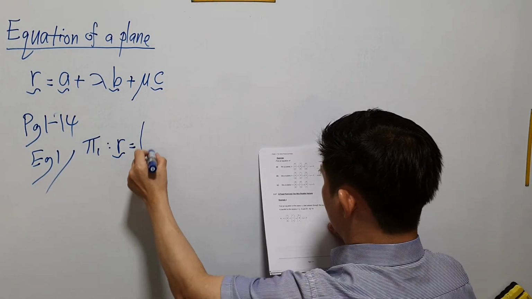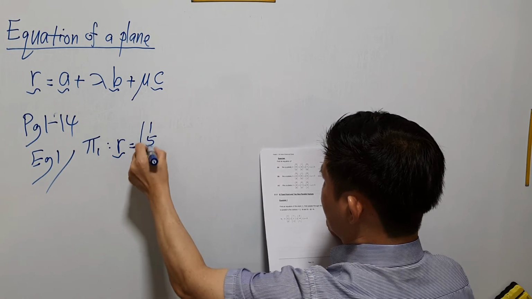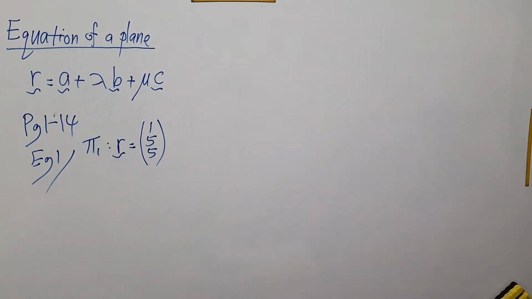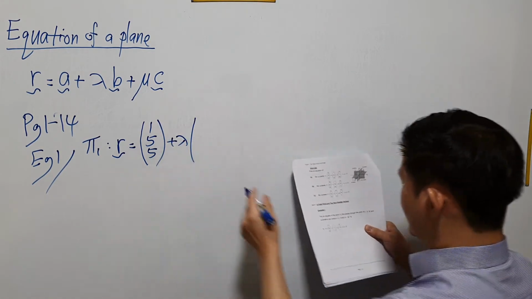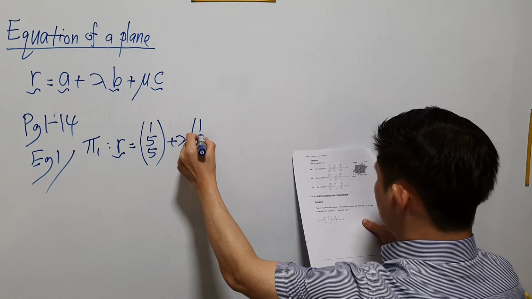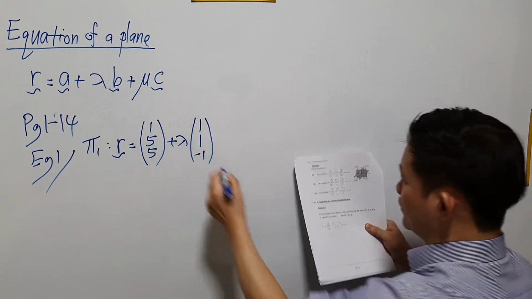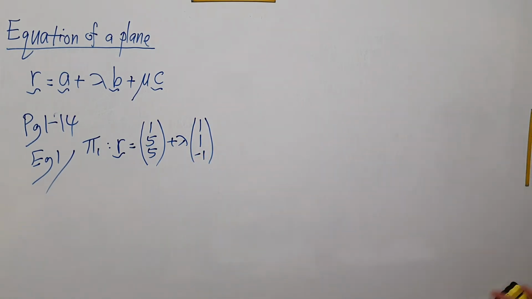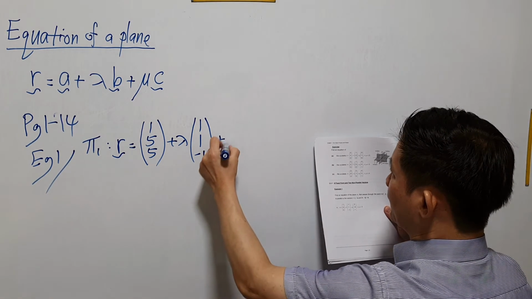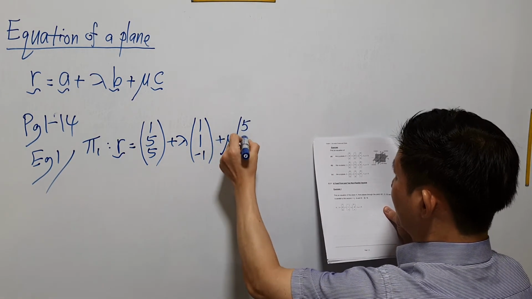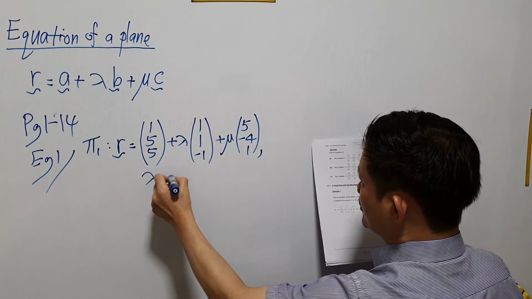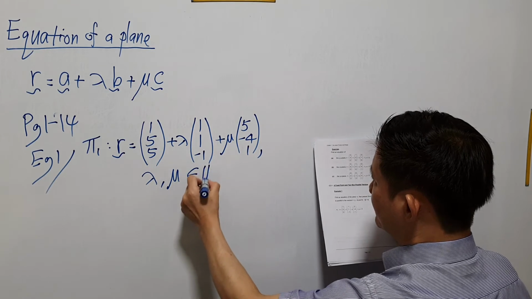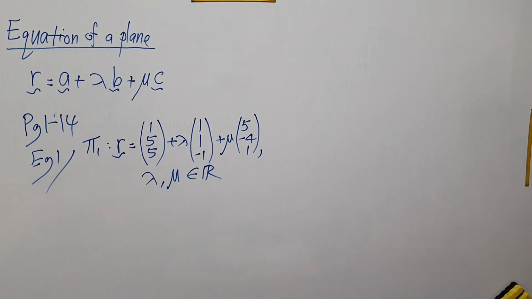The position vector of a point, in this case, is exactly just a, and then you have lambda of a vector which is parallel to the plane. It could be lying on the plane, doesn't matter, or it could just be parallel to it. And then mu of the third vector. And lo and behold, this is the equation of the required plane. Simple as that. That's example 1.